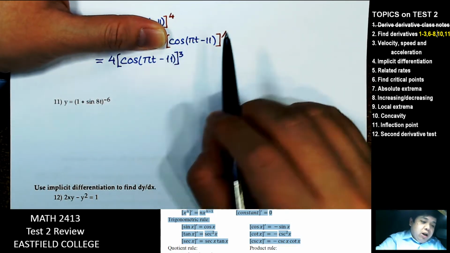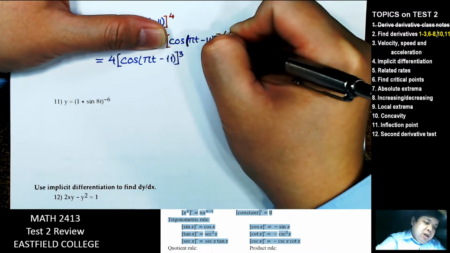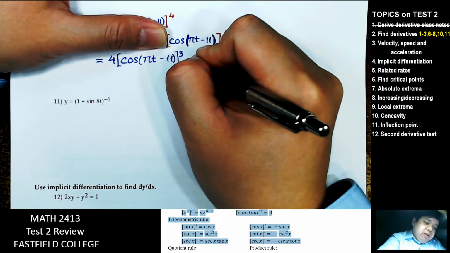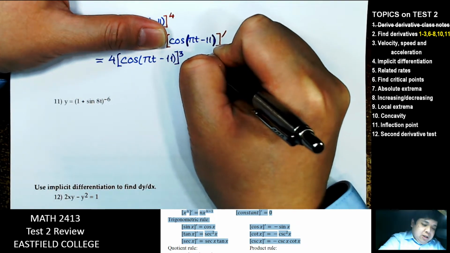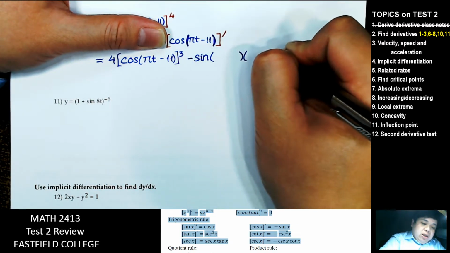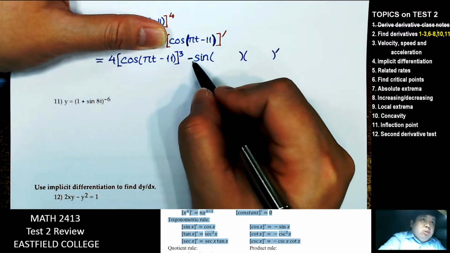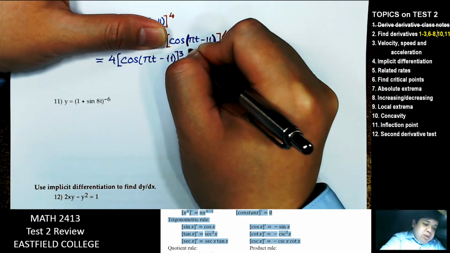We have cosine of the parentheses. Now we still have a parentheses here. Cosine of a parentheses is going to be negative sine of whatever is in the parentheses, and then the parentheses prime. By the way, it is not subtract, so we should put a big parentheses here.